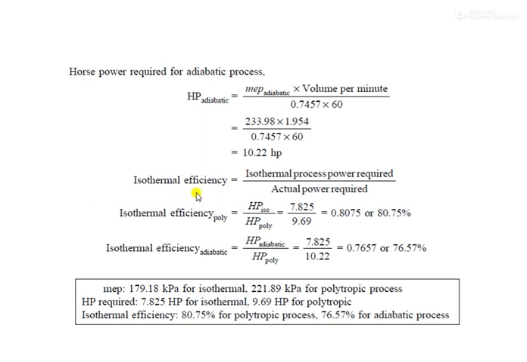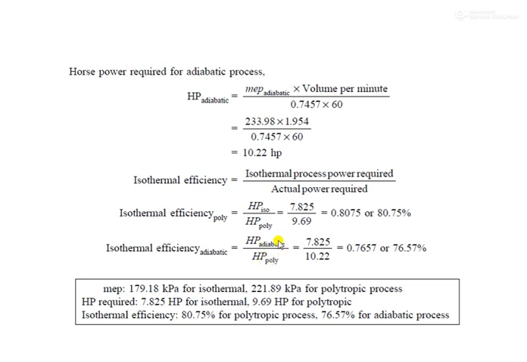So the isothermal efficiency is the isothermal power required divided by the actual power required. So if the process is considered to be polytropic, HP isothermal by HP polytropic comes out to be 80.75%. And in case of adiabatic, it would have been HP isothermal by HP adiabatic.